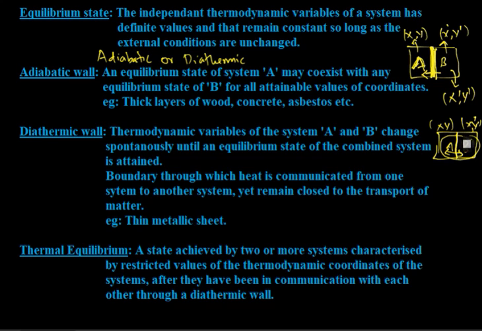But an adiabatic wall is a boundary through which neither heat nor matter is communicated or exchanged from one system to another. Now, if you consider two systems separated by a diathermic wall, then we know that the coordinates or the state variables of the two systems will spontaneously change until an equilibrium state of the combined system is attained.